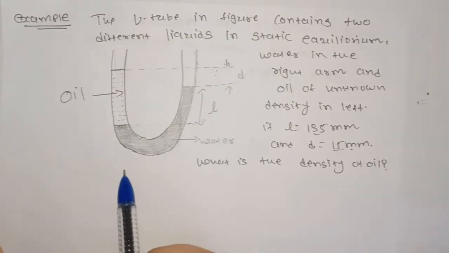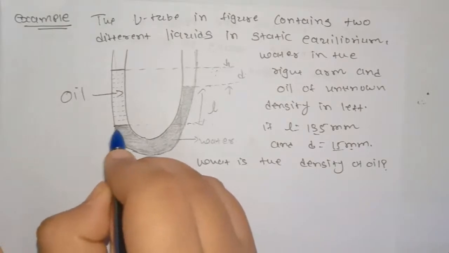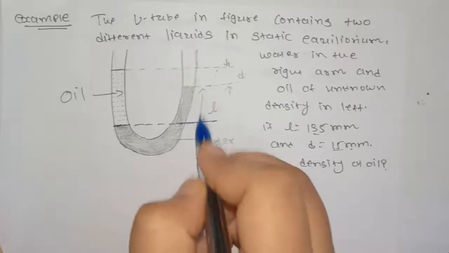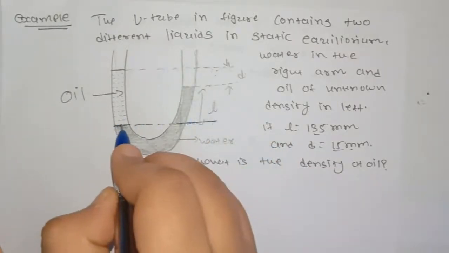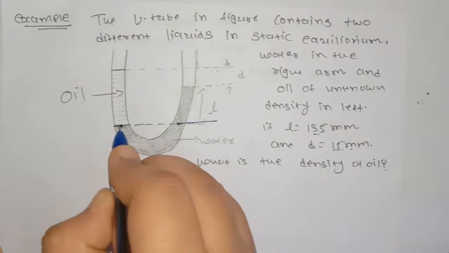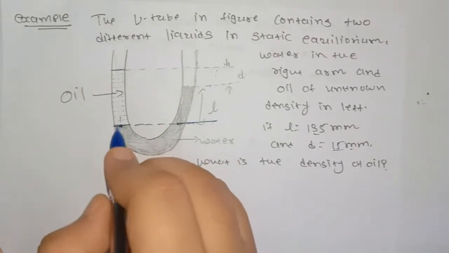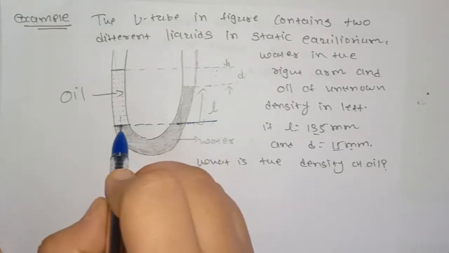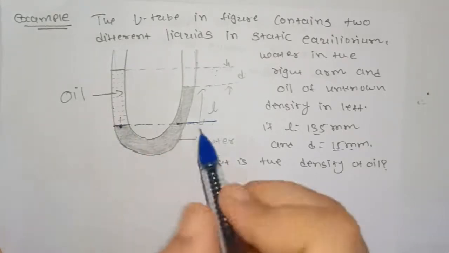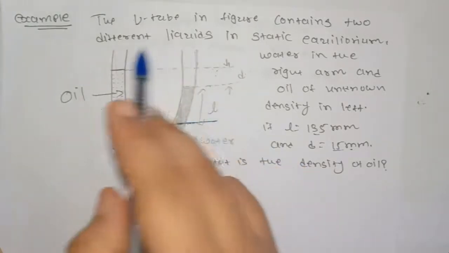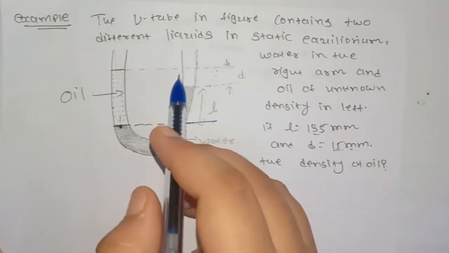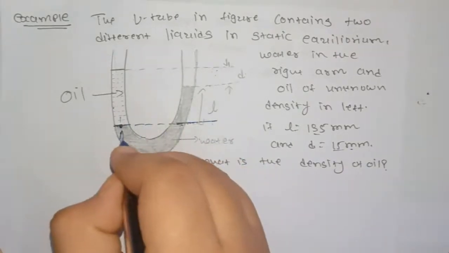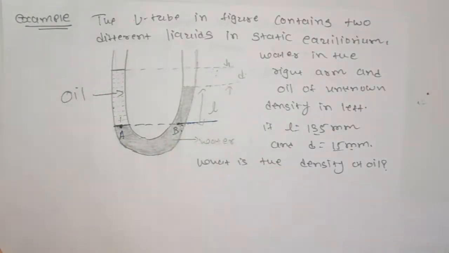To solve this kind of problem, first we have to choose a level above which all the heights are known, and at this point the two liquids should intersect, or the point should be separating the two liquids. As this whole system is in static equilibrium, that means the pressure at points A and B will be equal.